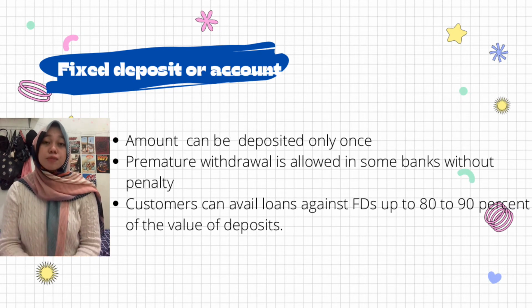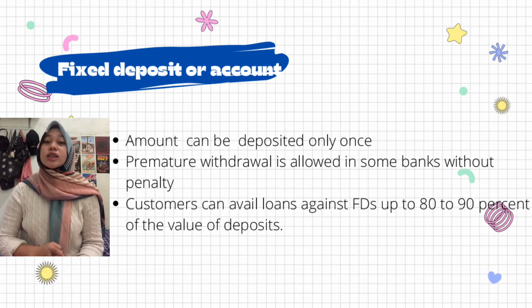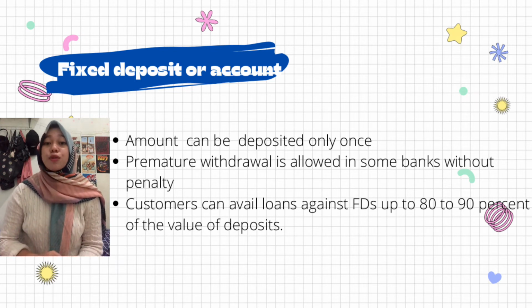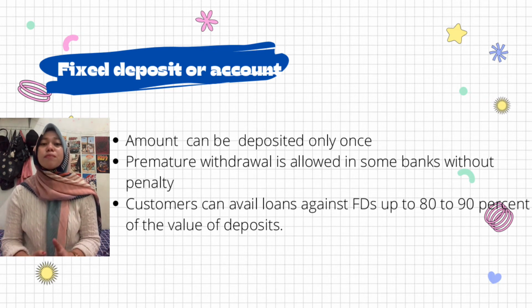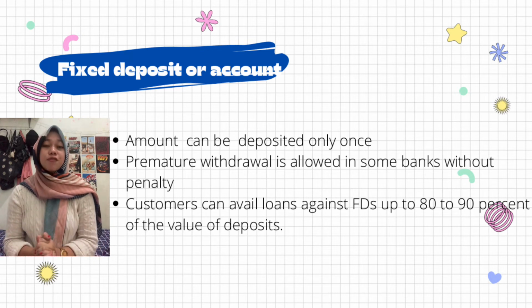The third type is fixed deposit account. The amount can only be deposited once. And then early withdrawal is allowed in some banks without penalty. However, certain other banks impose a penalty for early withdrawal from this account that is very significant.